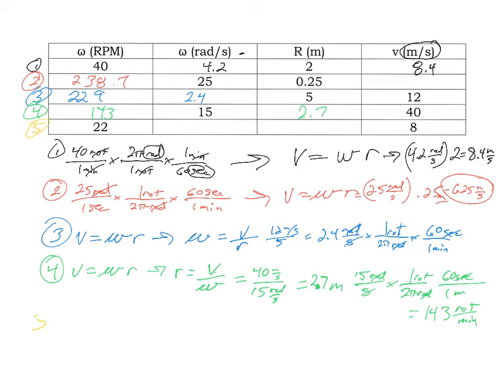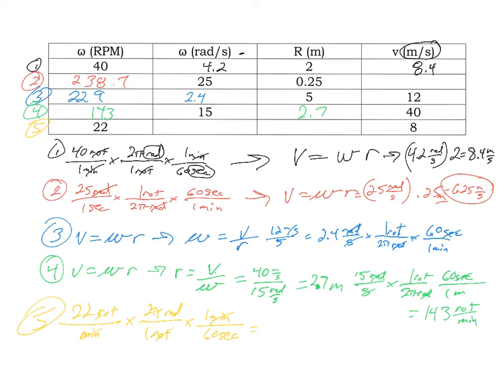5. I've got 22 rotations per minute, and in one rotation there's 2 pi radians, and in 1 minute there's 60 seconds. But by minutes, but by rotations, I'm going to have radians per second.